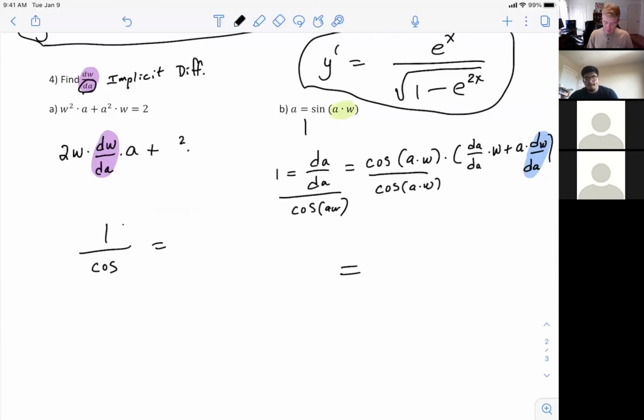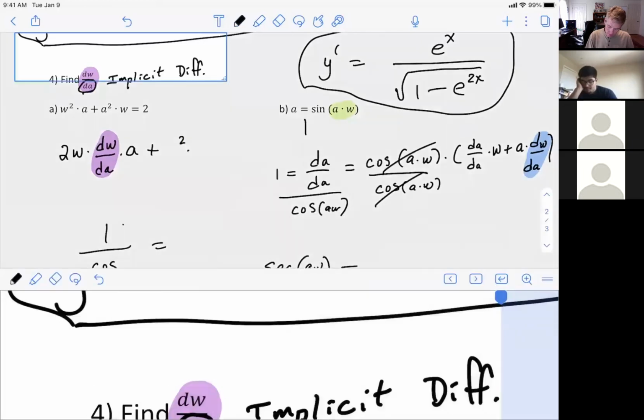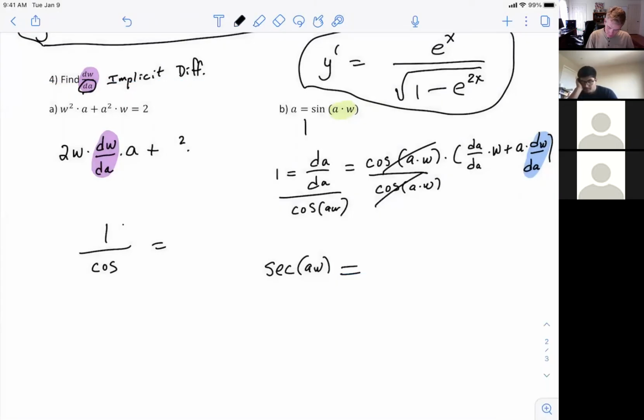Secant. That's secant. So it's going to be secant of AW. And now this is gone. And then what's left is dA divided by dA is a 1, so it's going to be 1 times W, or just W. And then plus the A times dW dA.